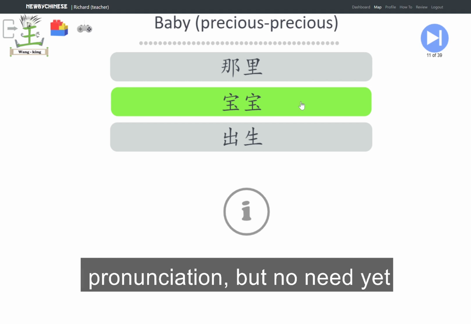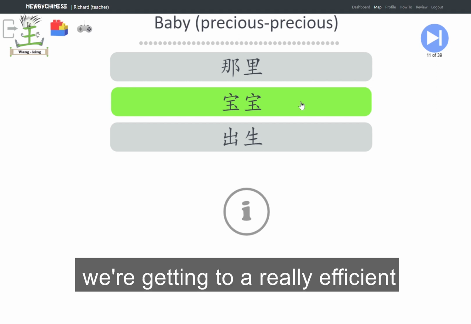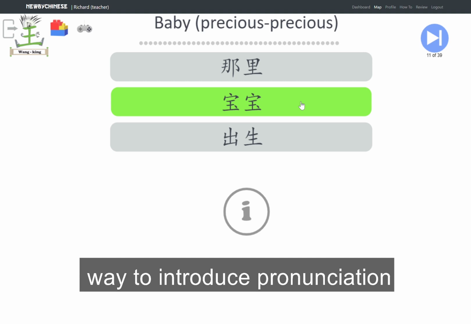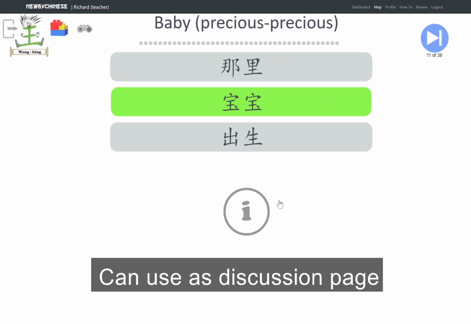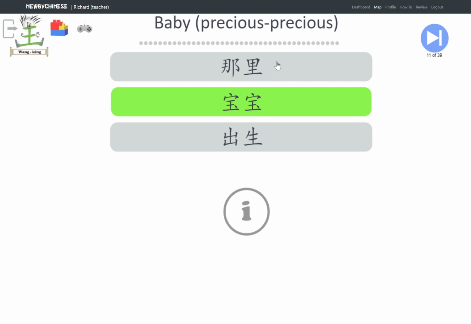Okay? You can introduce the Chinese pronunciation if you wish, but there's no need yet because we're getting towards a really efficient way to introduce the pronunciation of them. However, this is all about real-world context and the subtleties of the language, and this is where your native appreciation of the language itself, your native knowledge of the language itself will come in very handy.